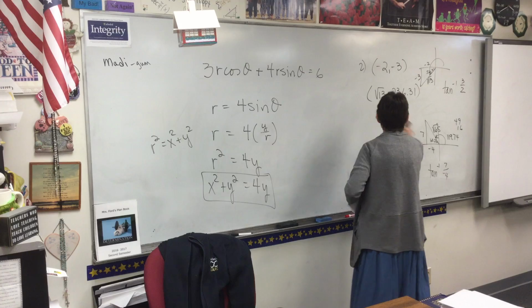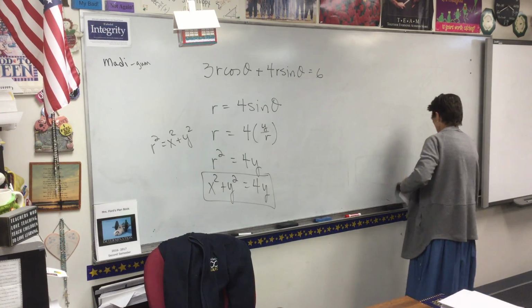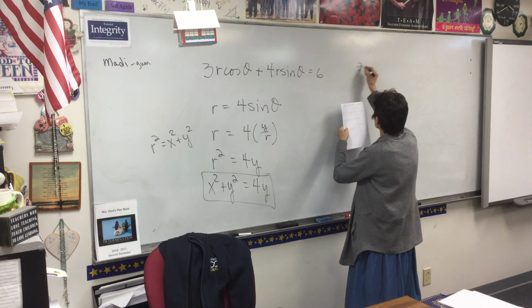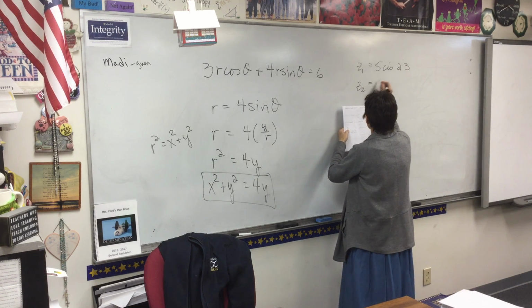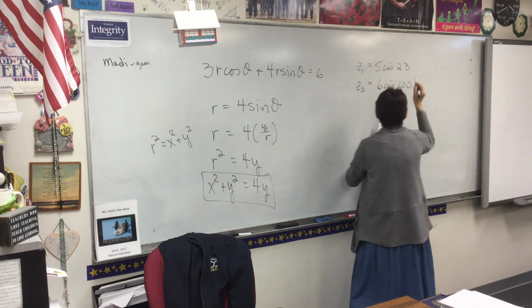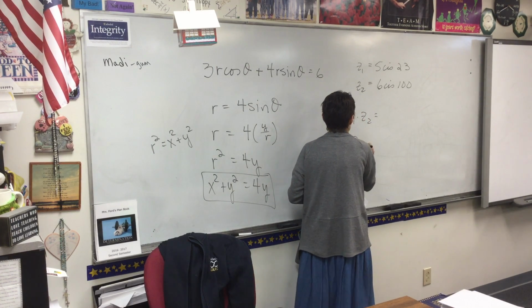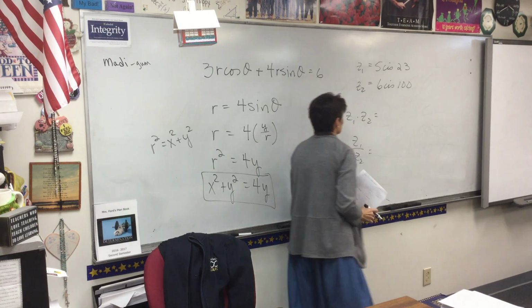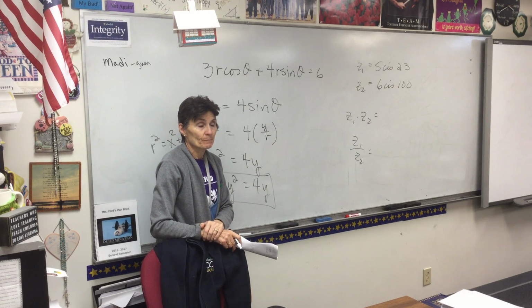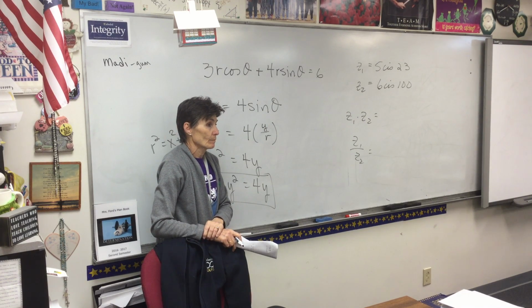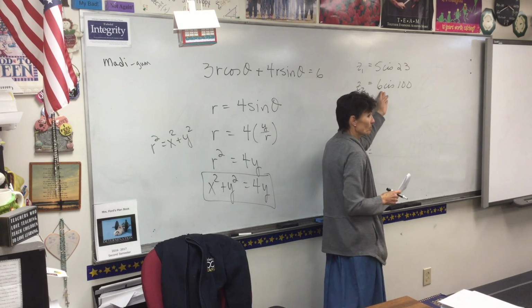All right, number 7. Okay, this is our multiplication and division. Here we go. Kaufman, remember how to multiply?